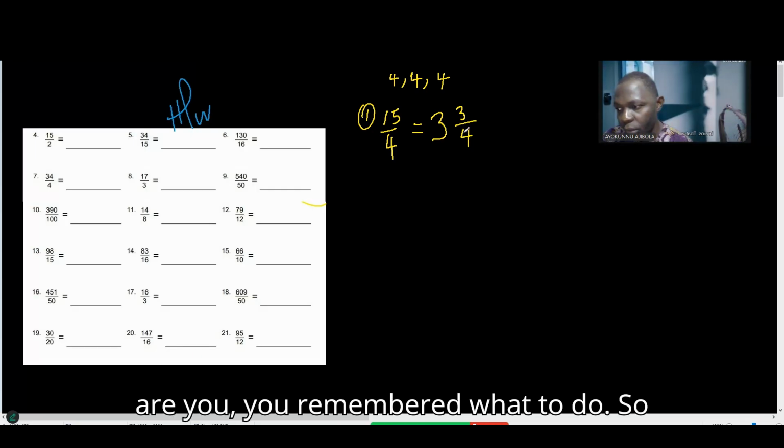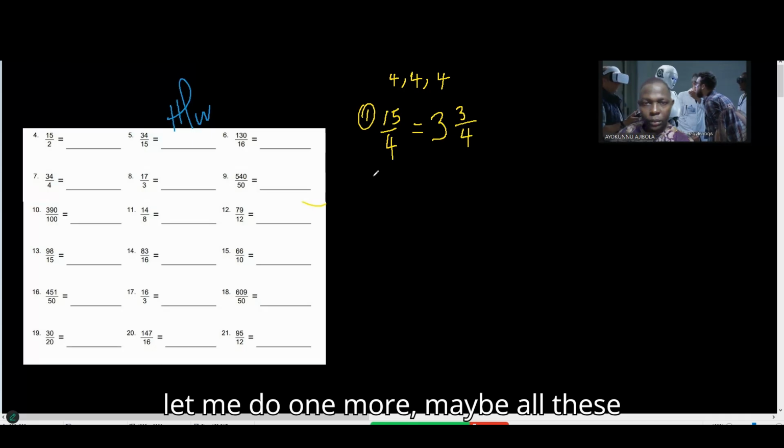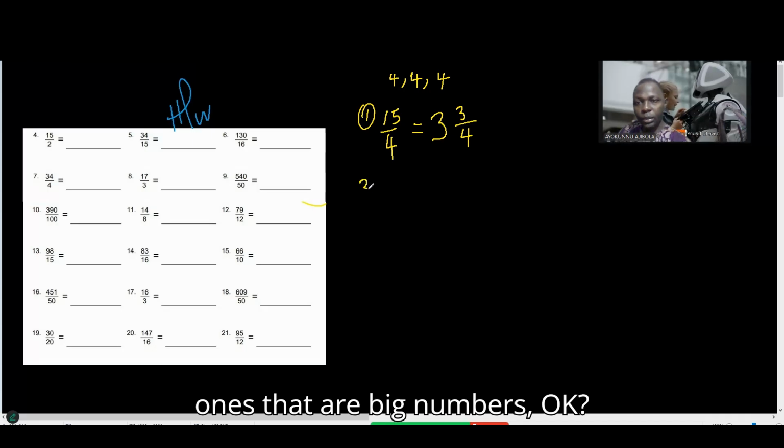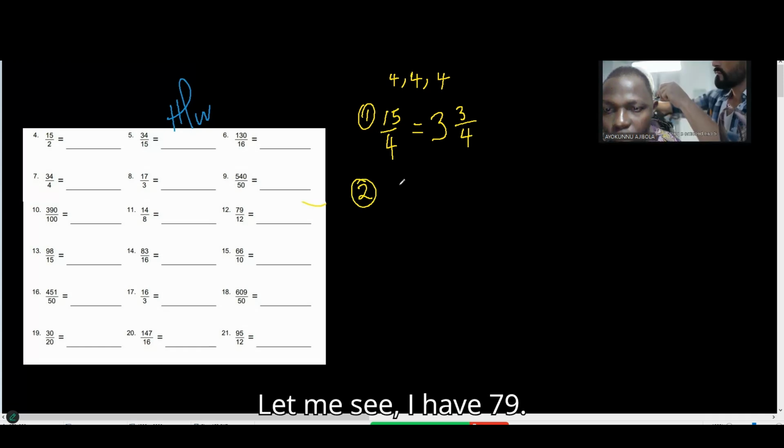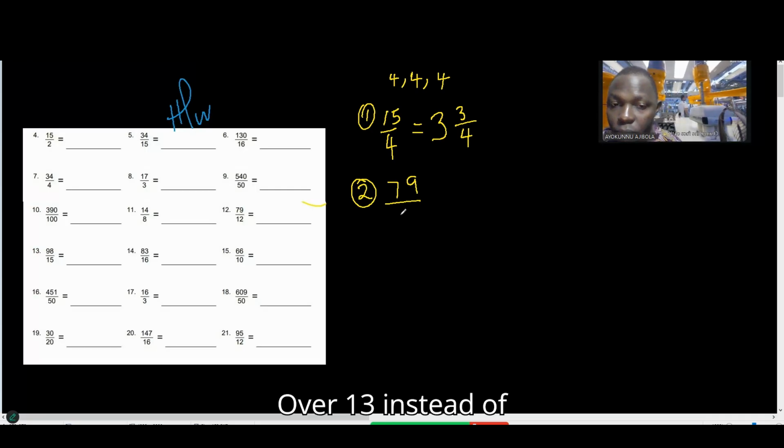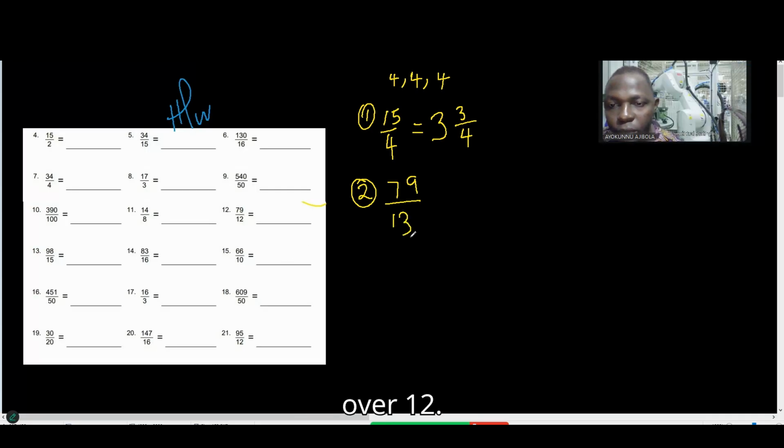That means you remembered what to do. So let me do one more, maybe one of these big numbers. Let me say I have 79 over 13.